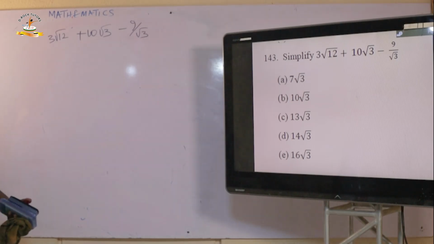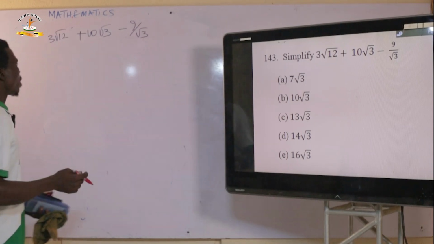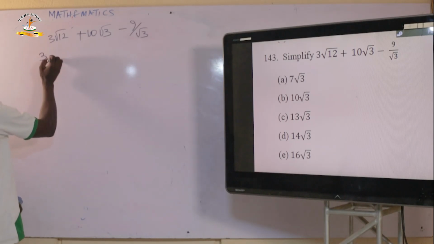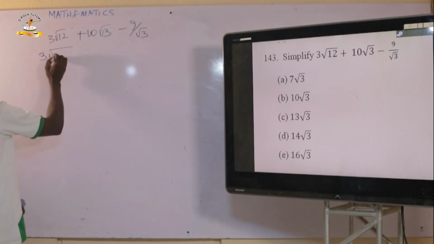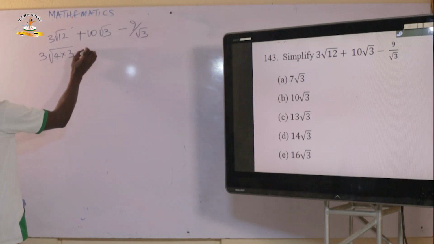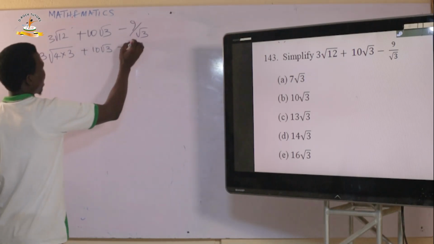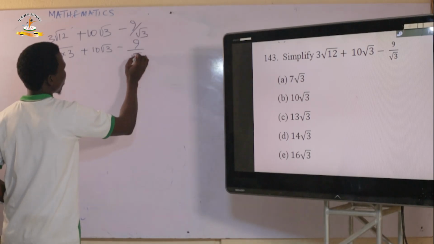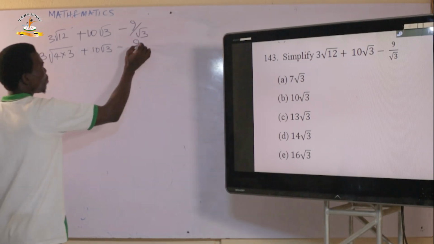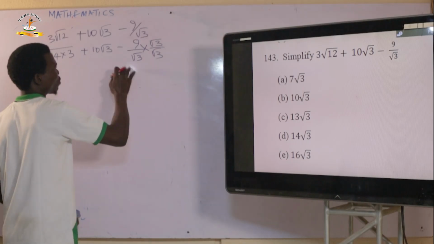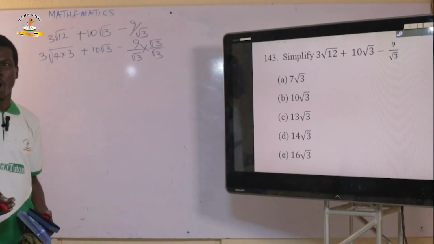I want to have all the expression to be root 3. So what happens? I simply say 3 root 12 is 3 root of 4 times 3, plus 10 root 3 minus 9 over root 3. So what do I do here? I simply rationalize this alone. Don't forget to rationalize. You bring the denominator and multiply it up and down.